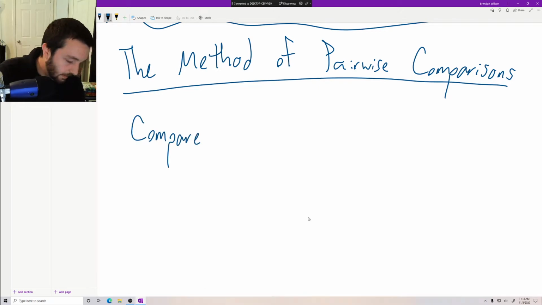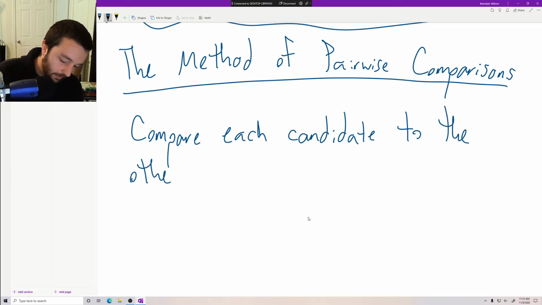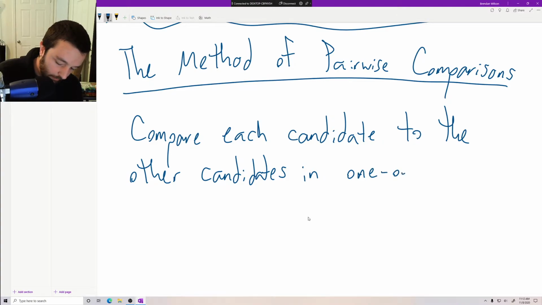So we compare each candidate to the other candidates in one-on-one matchups.